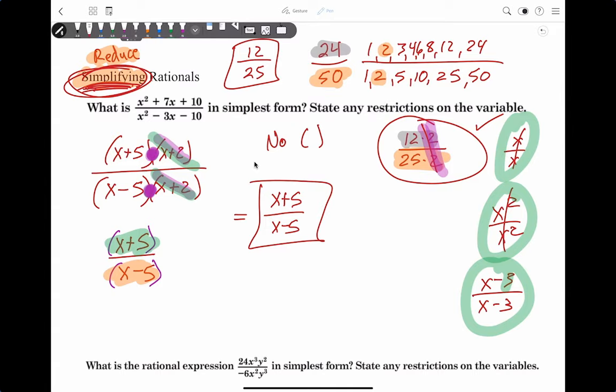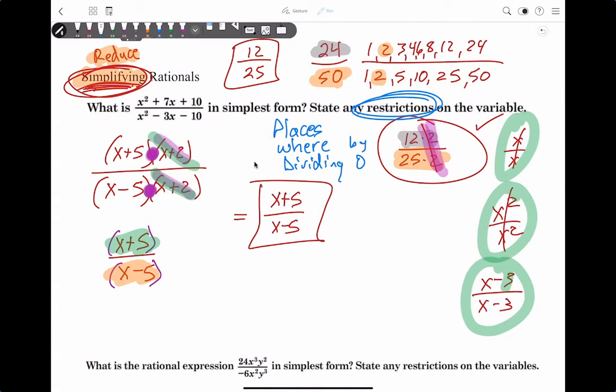And now comes the fact of, we're going to say restrictions. So these restrictions are talking about pieces or places where you cannot divide by 0. Dividing by 0, we know, is a no-no.